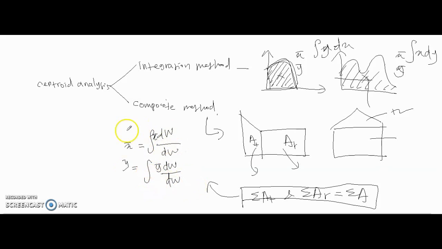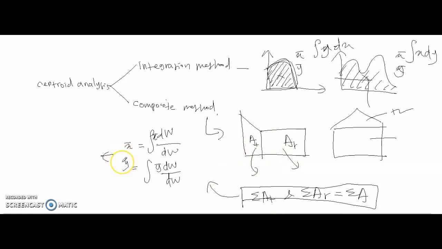This is for the integration method. For the composite method, we need to change the integration into summation, just like when we find the area or the amount of gravitational force.